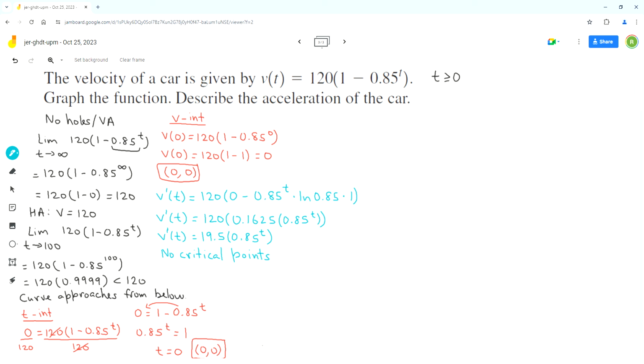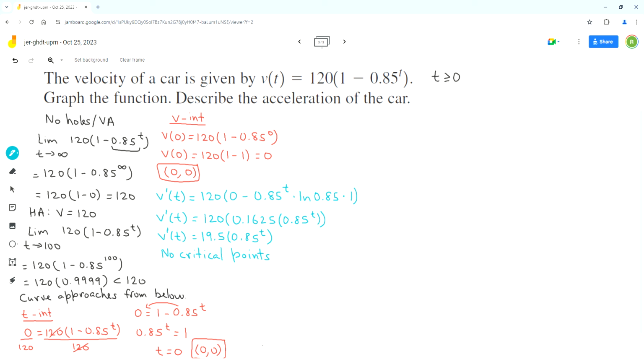Now we can check whether this function is increasing or decreasing over the domain t greater than or equal to 0. For all t values, this first derivative will be greater than 0 because no t value will make 0.85 to the power t a negative term.